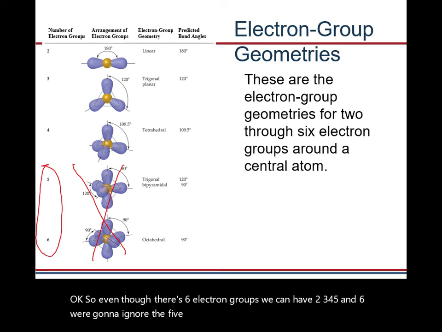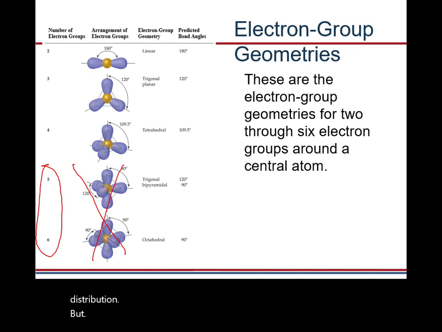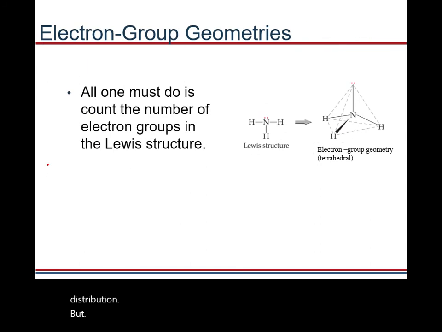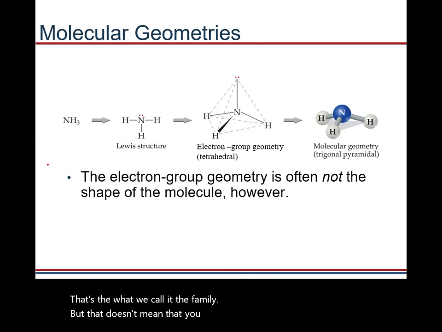So we're going to look at 2, 3, and 4. And based on the number of electron groups, we're going to determine the distribution, that's what we call the family. But that doesn't mean that the molecular geometry is going to be the same.